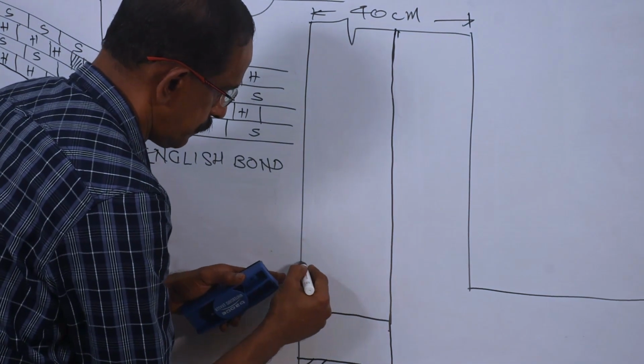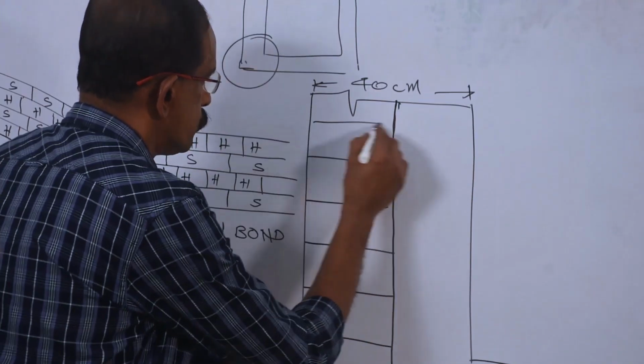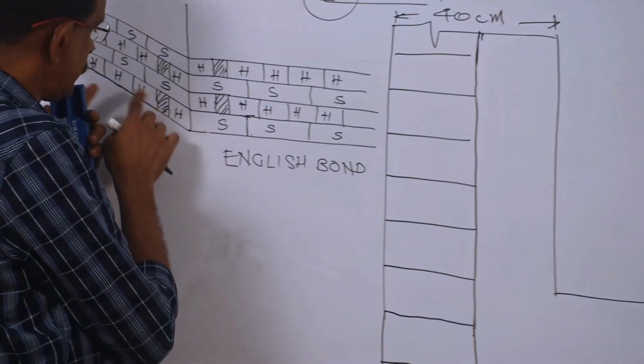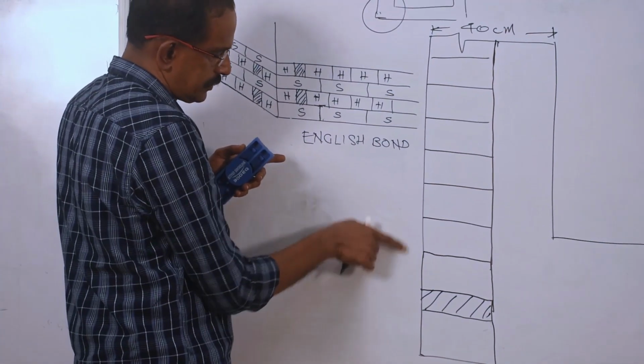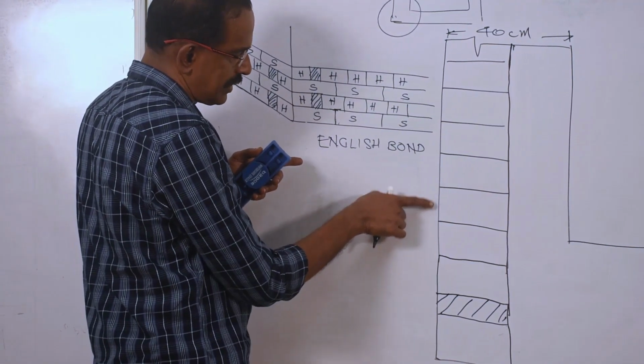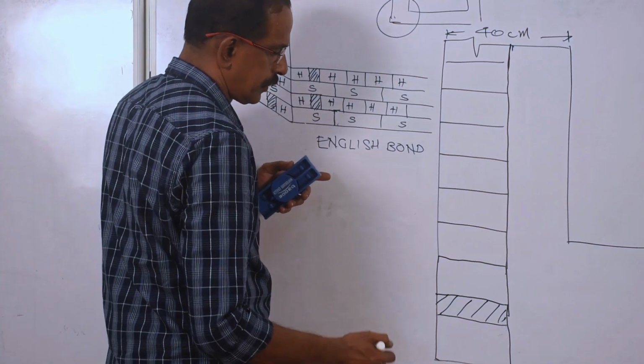Like this. Okay. So that you can see header in the side view. Header in the side. This is side. If you look from here, you will be able to see the header face of the brick. But top, you will be seeing this portion of the brick.